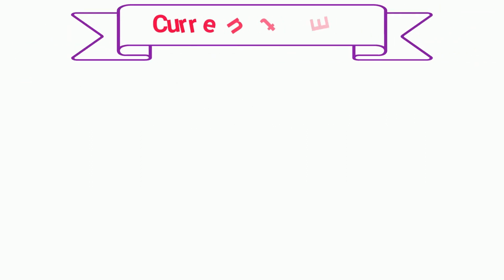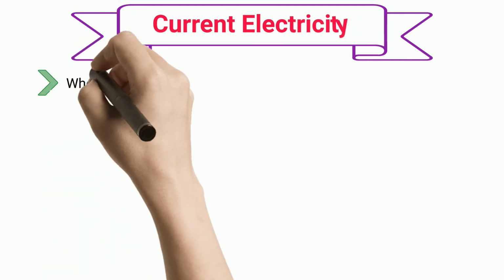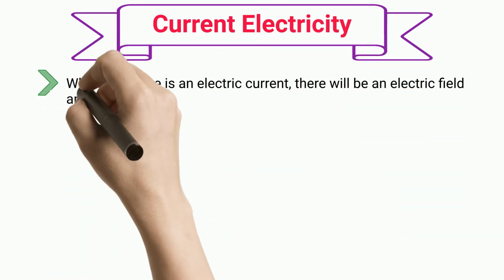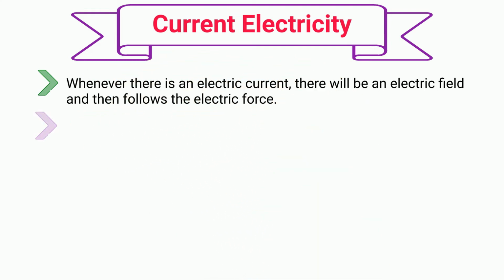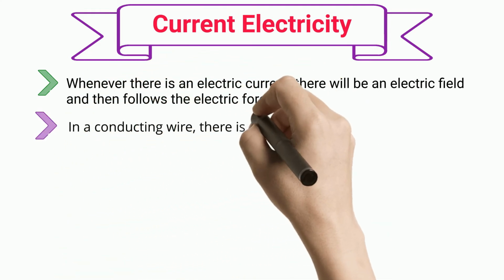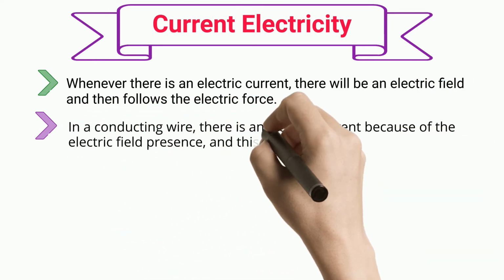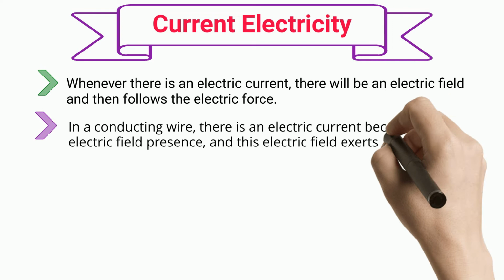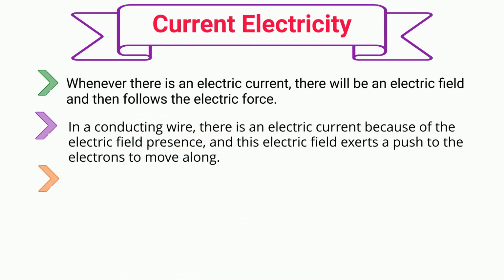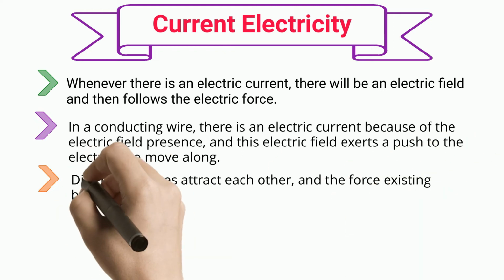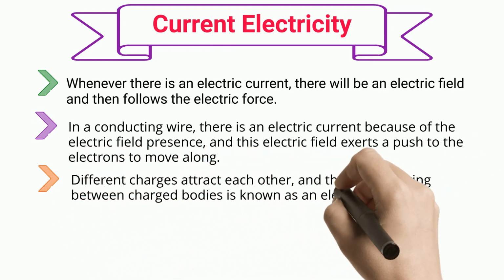Current electricity. Whenever there is an electric current, there will be an electric field, and then follows the electric force. In a conducting wire, there is an electric current because of the electric field presence, and this electric field exerts a push on the electrons to move along. Different charges attract each other, and the force existing between charged bodies is known as an electric force.